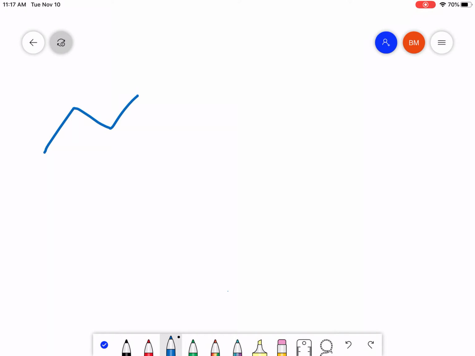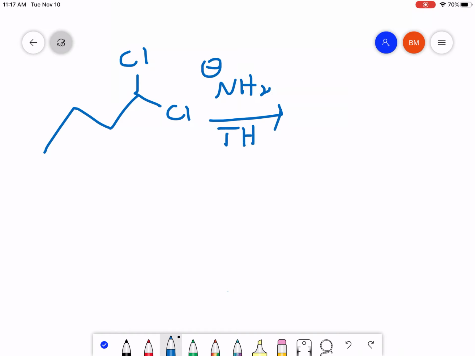Let's say we have this. The only difference is now that the beta hydrogens are not mixing with the alpha carbons.